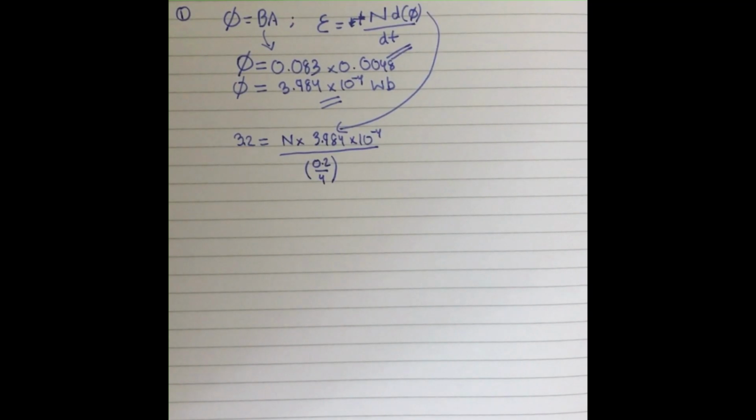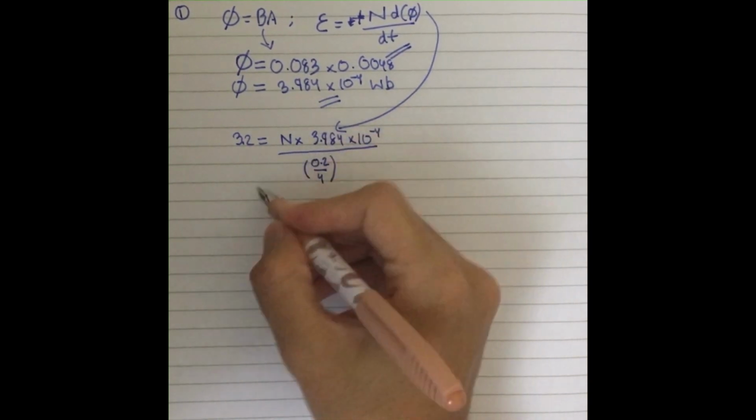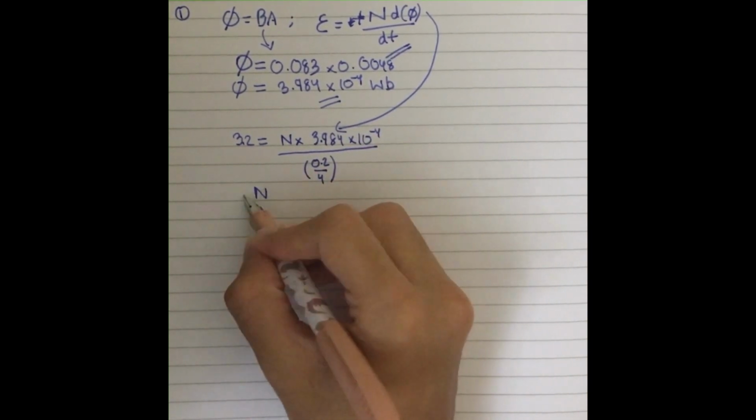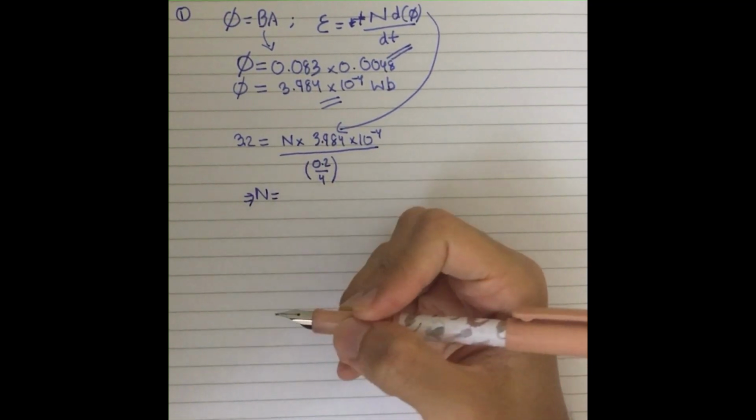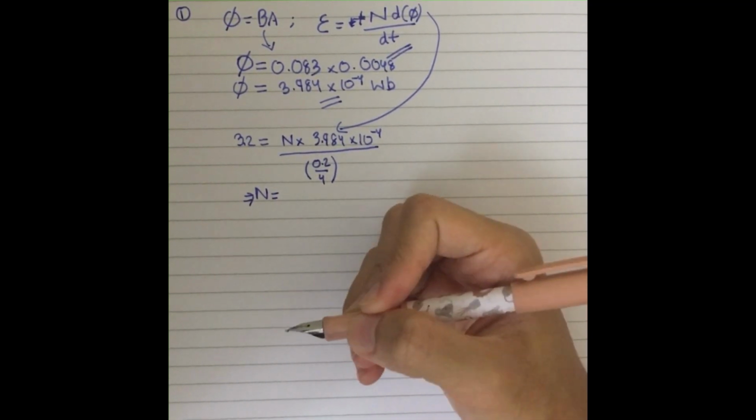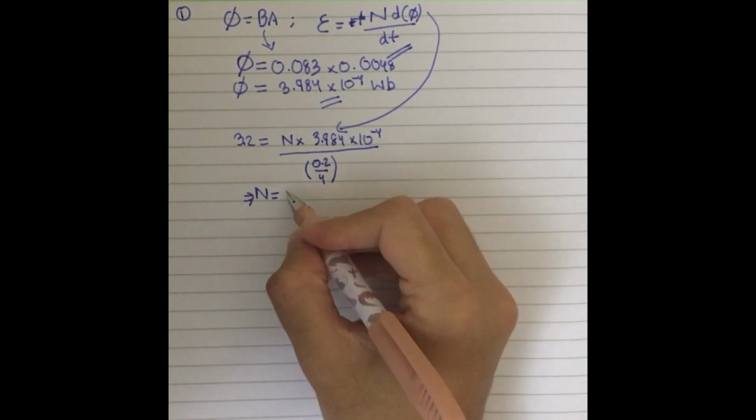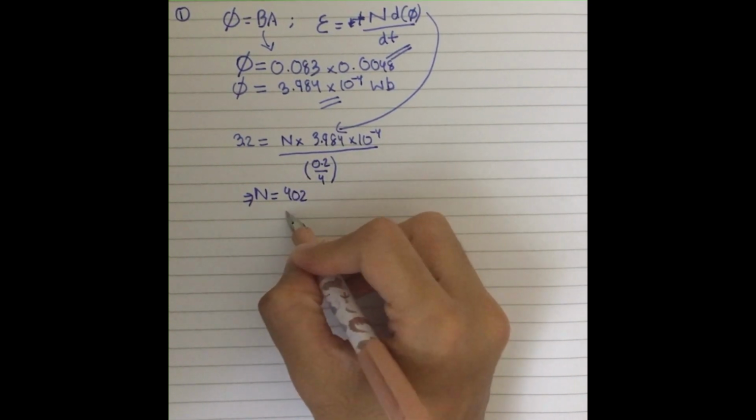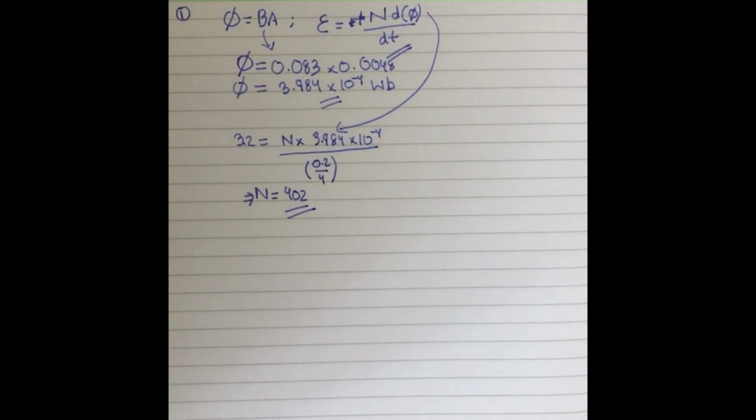I tried to take the average of it, which means I took the full wave from 0.0 to 0.2. I took that value, right? So once you calculate it, you will get your number of turns as 4 or 2. This is your number of turns.